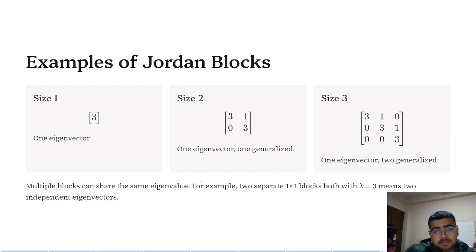Here's the example of the eigenblocks. You see there is one that appears above the 3s, because let's see the example of a 3 by 3 matrix, as the size 3. You see all the diagonal elements are 3. I have told you every element in the diagonal is an eigenvalue.